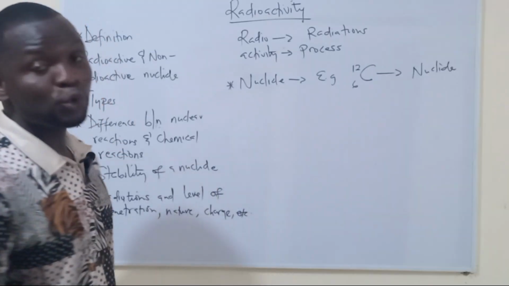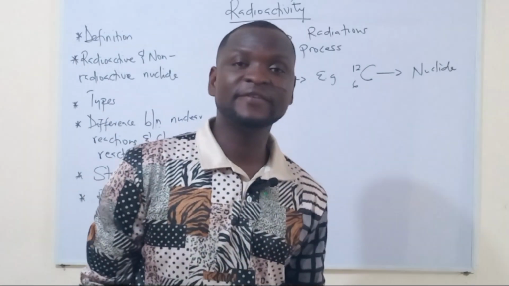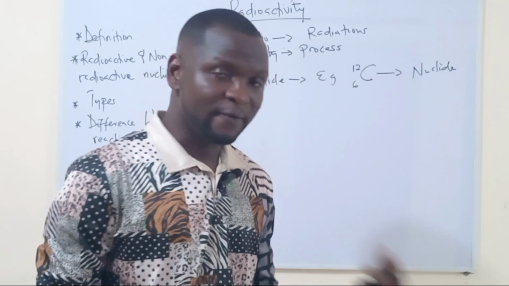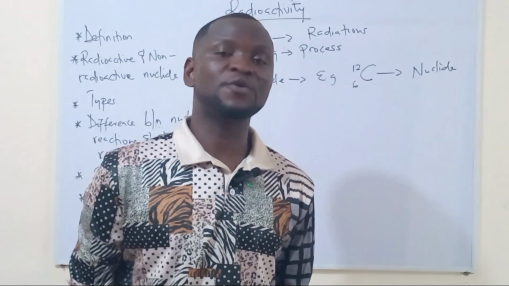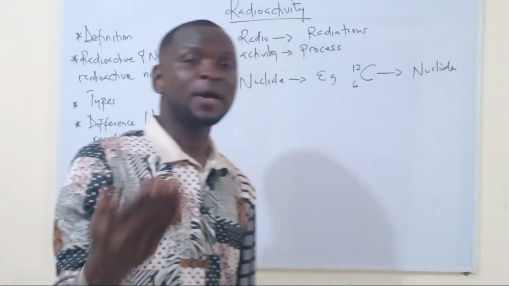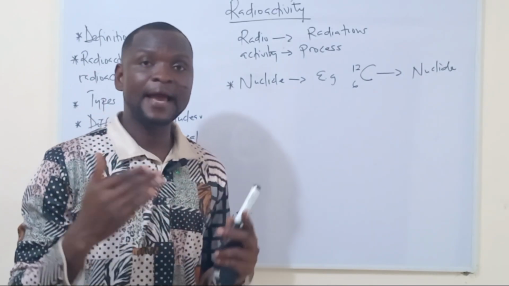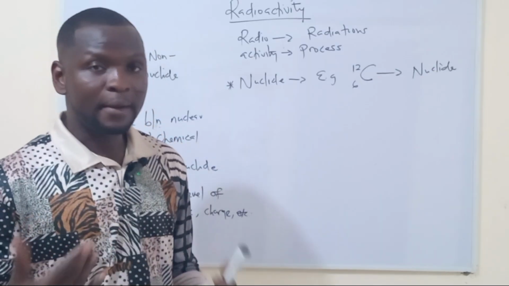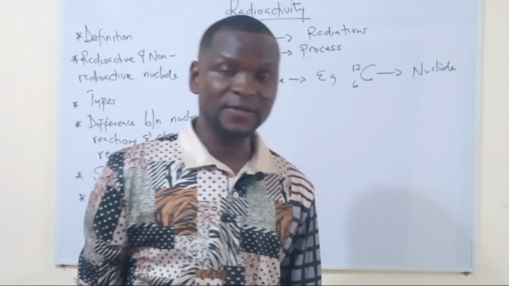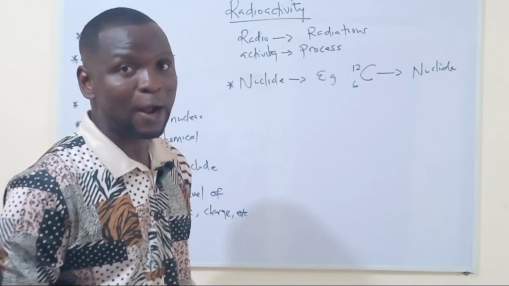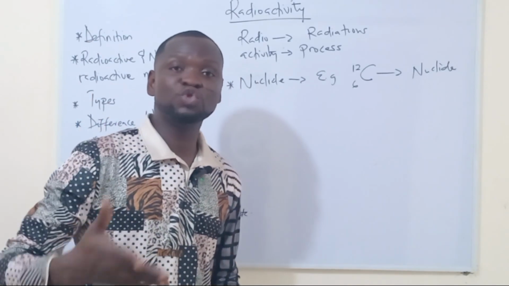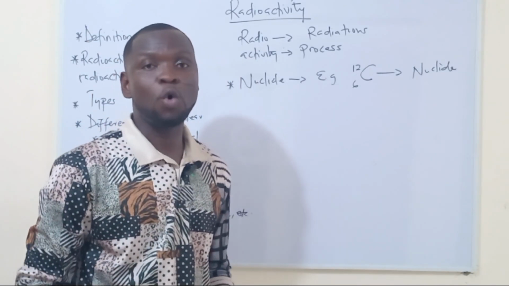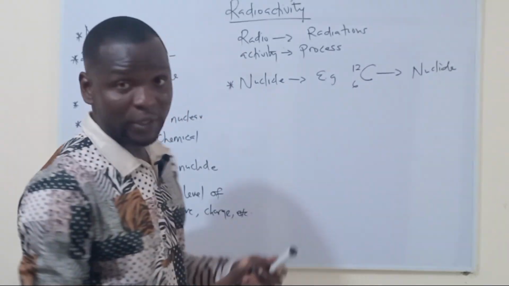Okay, the next thing we want to look at is a non-radioactive nuclide and a radioactive nuclide. What is a radioactive nuclide? When we talk about radioactive nuclides, they are basically unstable nuclides that undergo disintegration. Okay, so nuclides that are unstable and then they will break down to give you other nuclides are called radioactive nuclides.